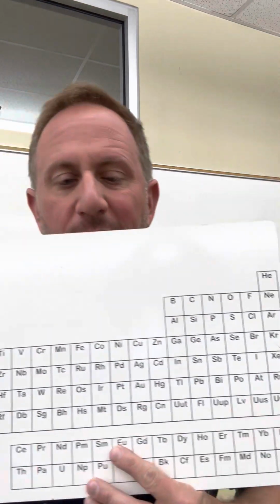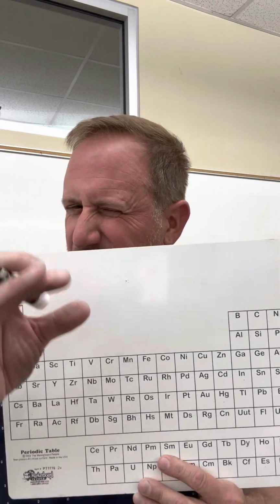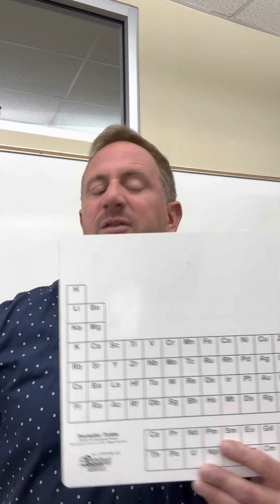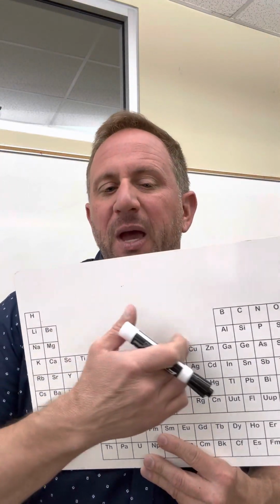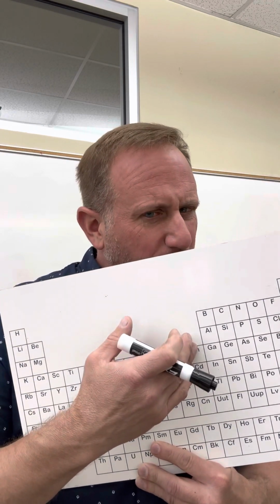So if we look at our periodic table, 1s2, 2s2, 2p6, 3s2, 3p6, 4s2, 3d. Remember, the third energy level has more space. It's a bigger diameter, so we now have more room for what we call orbitals, and these are the d orbitals.